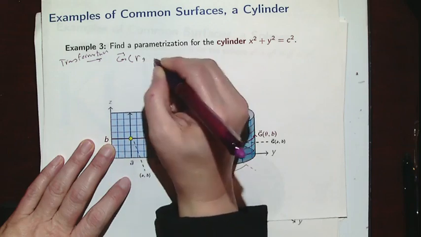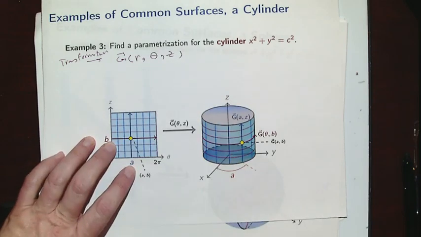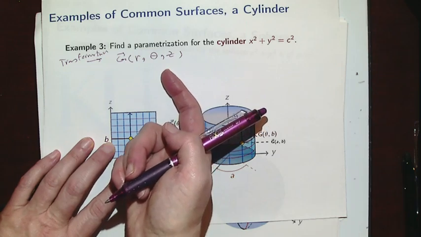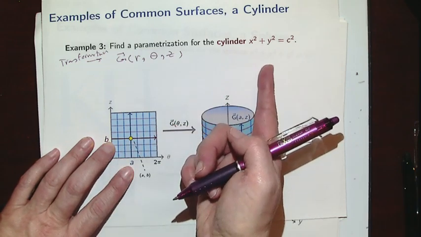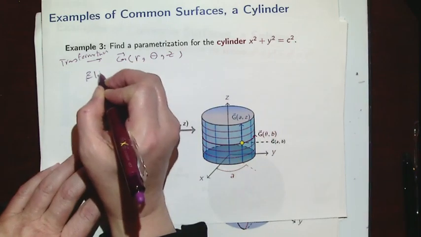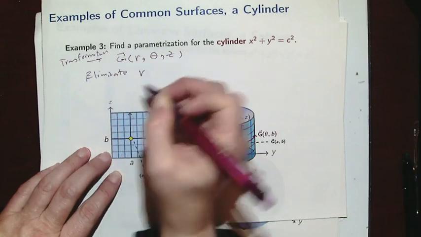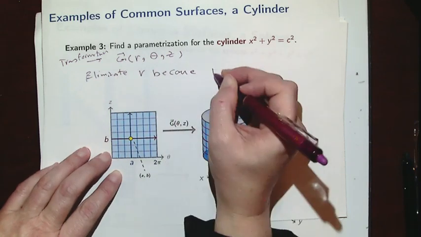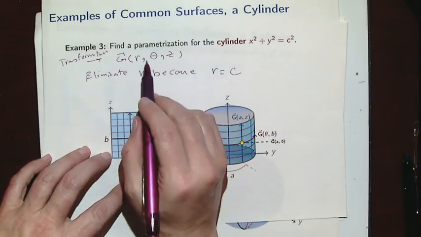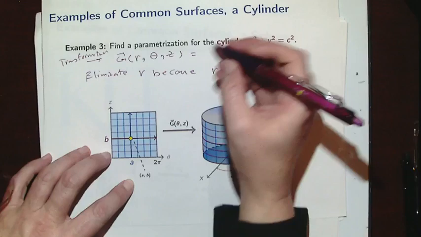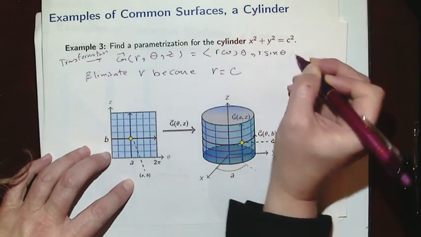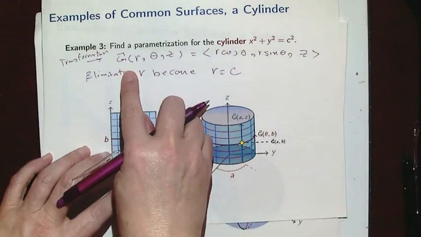You had G of R, theta, and Z. Agreed? Can I have G with three parameters? No. What am I supposed to eliminate in this case? Radius. I have to eliminate it, because R is equal to C. You guys remember this transformation, right?